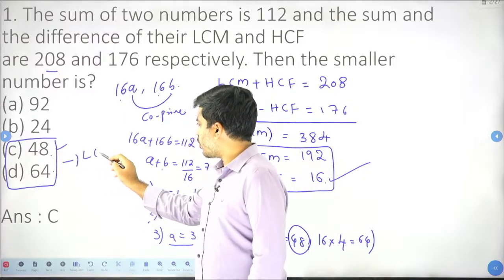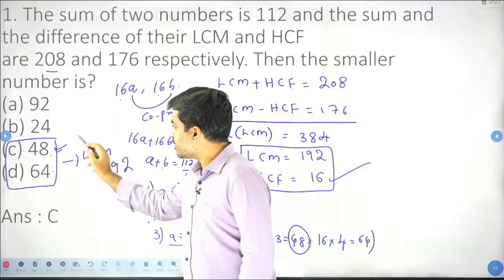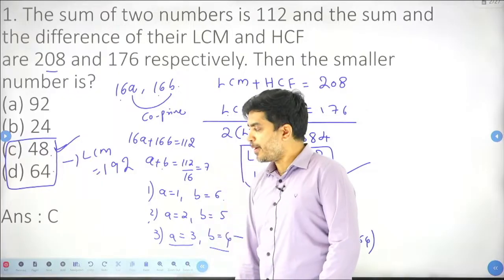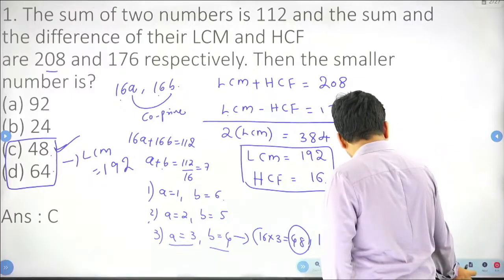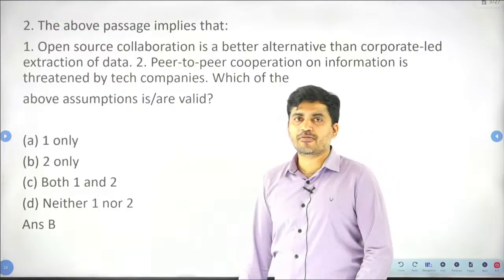If LCM is equal to 192, then this is the perfect set. So the answer, the smaller number, is option C. That's all. This question level is moderate. You have to practice what LCM, HCF and all are.